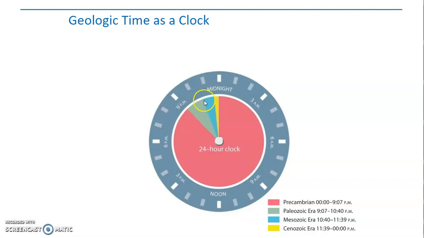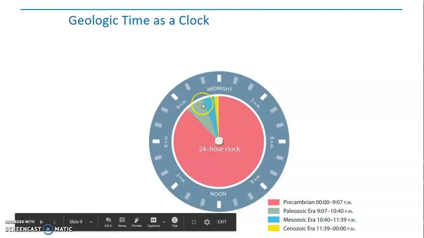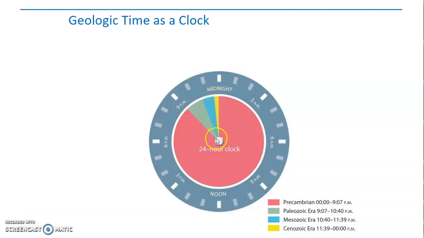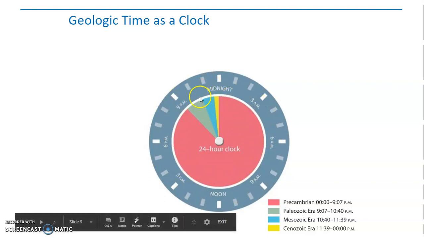Paleozoic takes about an hour and a half of what's left. Mesozoic takes about an hour, and Cenozoic, which is where we're at right now, is a little less than 30 minutes. So we can see how that distribution is, that most of the time we've spent has been in Precambrian.